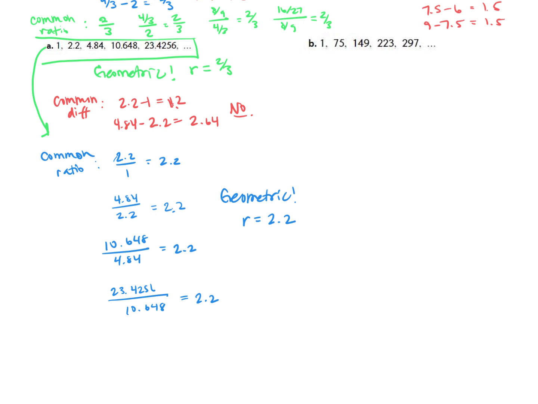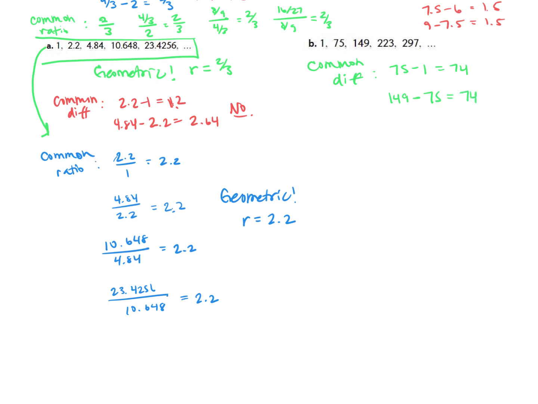Okay, last example. Let's hope it's arithmetic, right? That's just the fast one to find. All right, let's see if we have a common difference. Take the second term minus the previous term, we get 74. Take the third term of 149 minus the second term, 75.